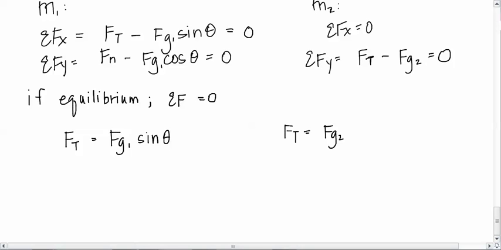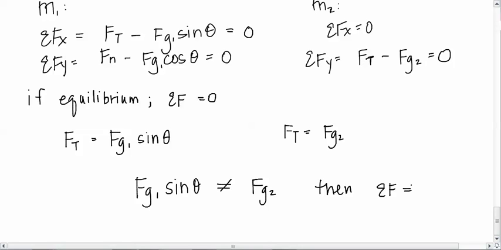So I can determine if they're not in equilibrium: if Fg1 sine theta is not equal to Fg2, then the sum of the forces is not equal to 0, but would be equal to ma, as per Newton's second law.